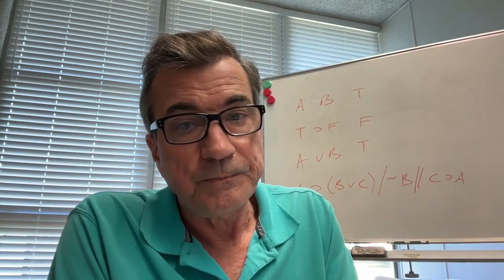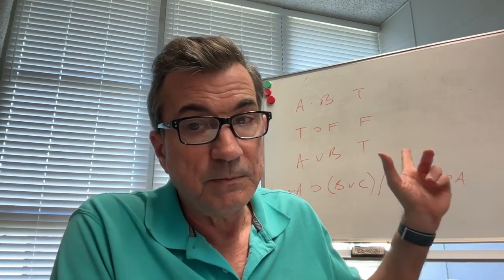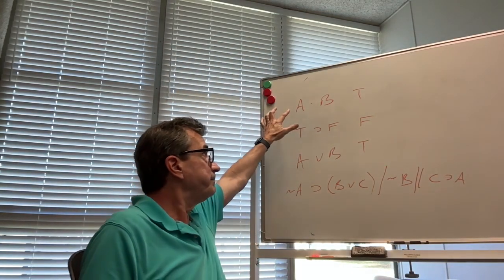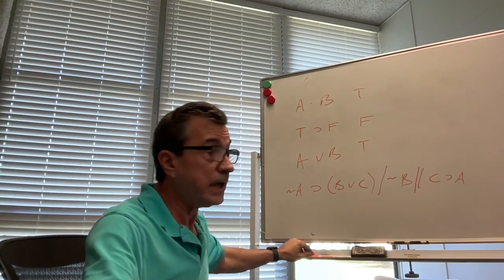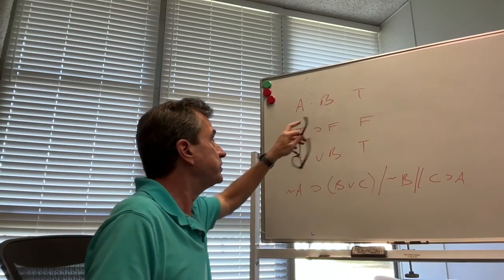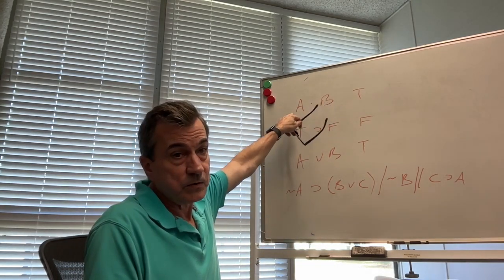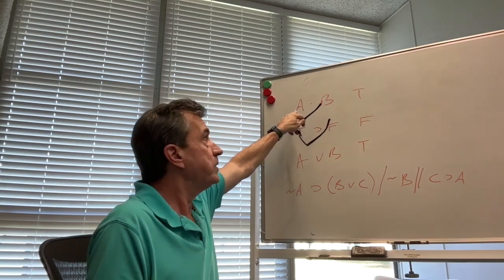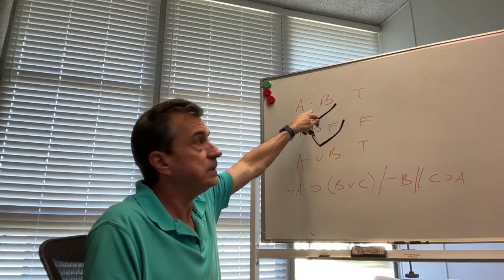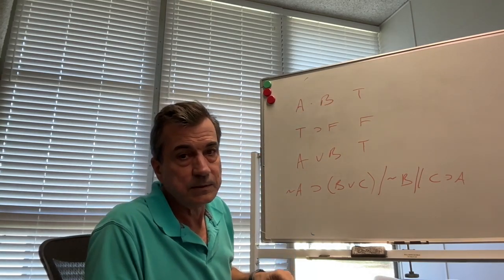And so one of the preliminary skills, as Hurley refers to it in the textbook here, is as we think about some of these truth functions, we can get locked in to certain truth values for the proposition. So take behind me A dot B. If we wanted to make that one of the premises true, we know that A dot B, A conjunction B, is only true when both A and B are true.